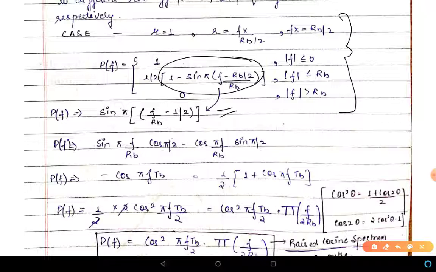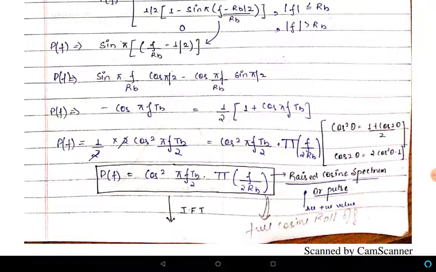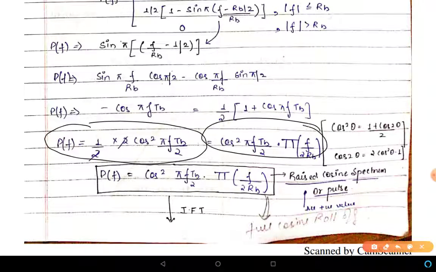By using some rearrangement, I can write this as this, or this. This is all obtained by some rearrangement.